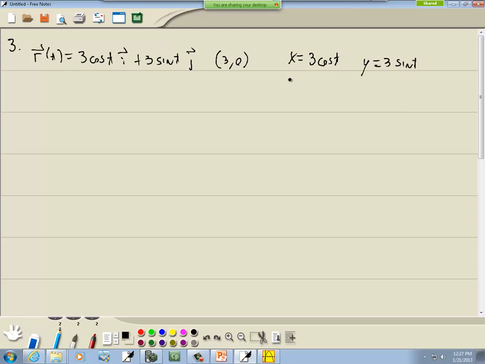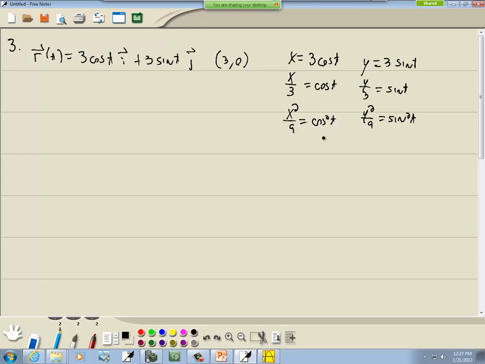Divide both sides by 3. You got x over 3 is equal to cosine t, and y over 3 is equal to sine t. Square both sides, and we have x squared over 9 is equal to cosine squared, and y squared over 9 is equal to sine squared.